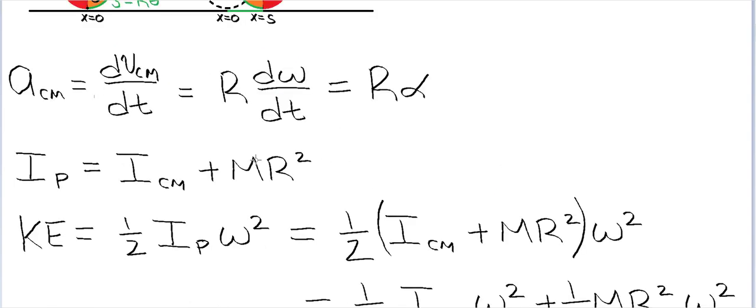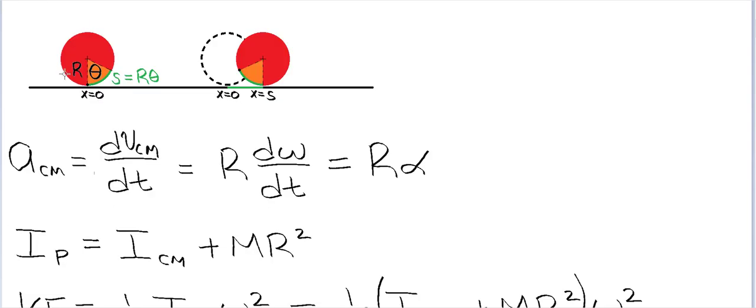We also, last week, derived this parallel axis theorem. And so the moment of inertia about this point is just the moment of inertia about the center of mass plus m times r squared, where r is the distance between the center of mass axis and this point on the ground axis.